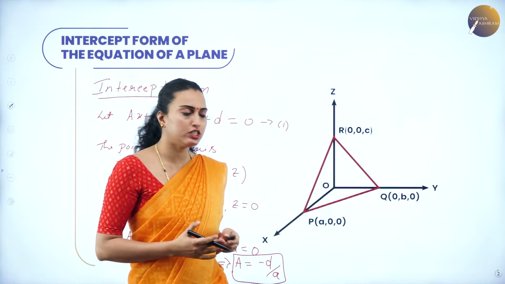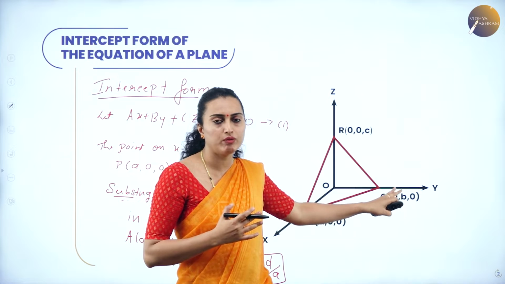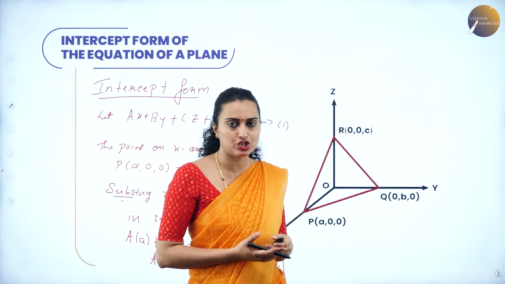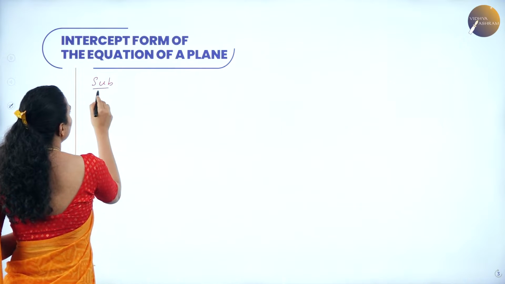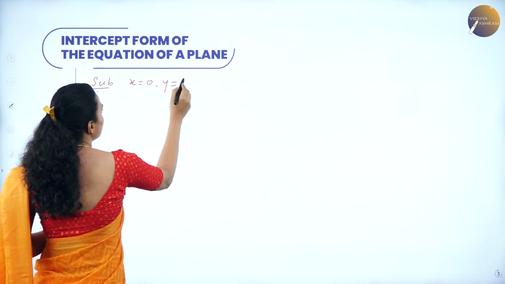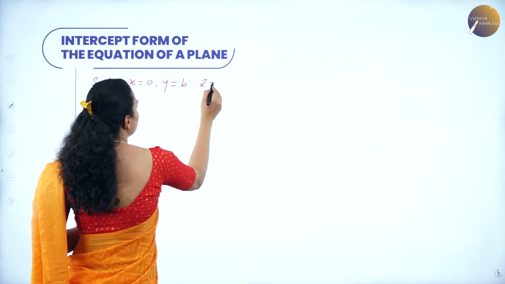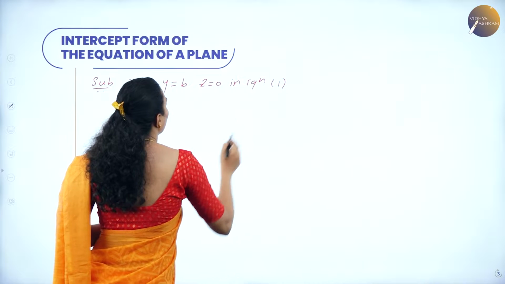Similarly, let me substitute the y-axis coordinates, which is 0, B, 0, in equation 1. Now, substituting x equal to 0, y equal to B, z equal to 0 in equation 1. Right? What happens?